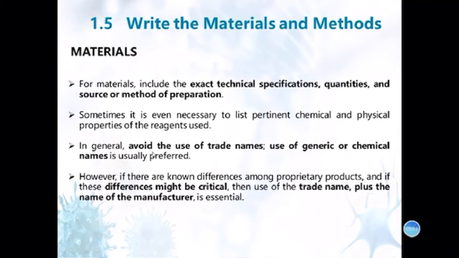In general, avoid the use of trade names. Use of generic or chemical names is usually preferred. However, if there are differences among proprietary products, and if this difference might be critical, then using the trade name plus the name of the manufacturer is essential.